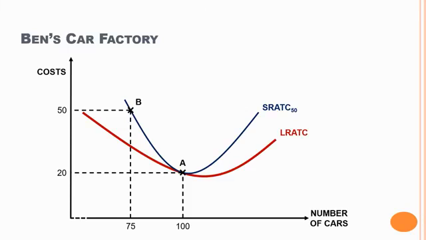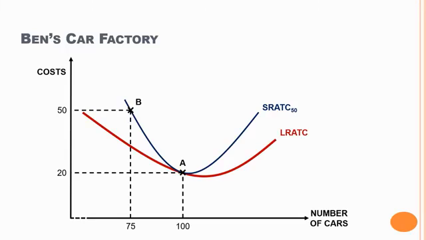So you see, it doesn't really matter that the cost increases. What matters is that at 75 cars, my short-run ATC is above my long-run ATC. You see that I fail to produce these 75 cars at minimum ATC, which would be right here on the long-run ATC curve. So this is what happens from A to B. This is the short-run adjustment when we realize that we have made a mistake.